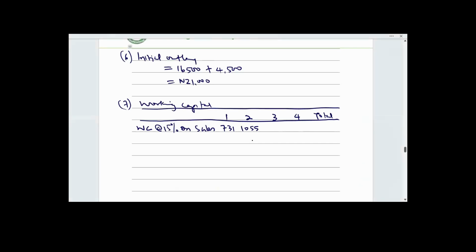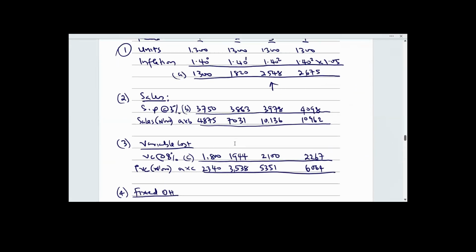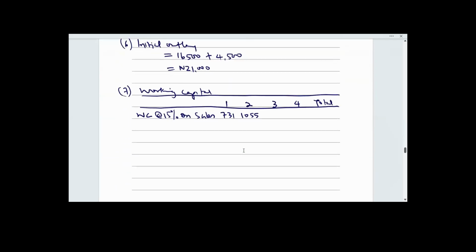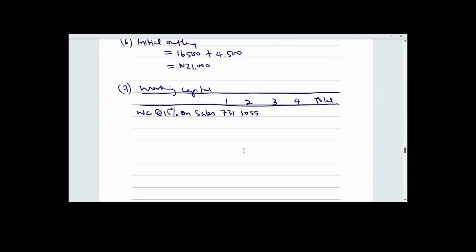The third year sales is 10136, multiplied by 0.15 equals 1520. And the last one, 10962 multiplied by 15%, is 1644. So the highest working capital is 1644.